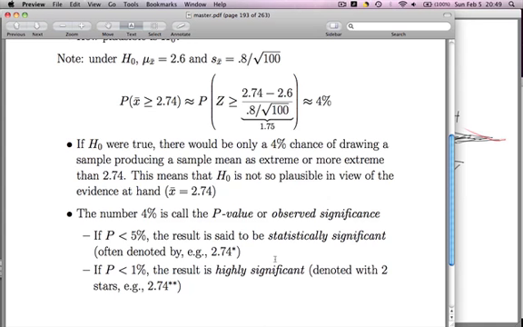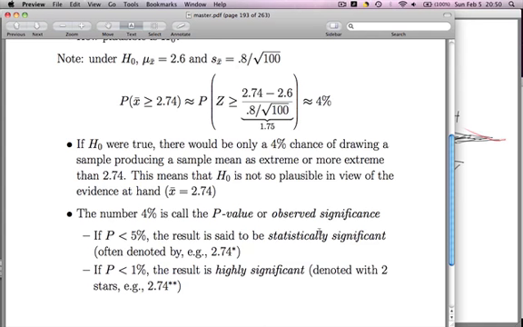Whenever p is less than 5%, we say that the result is statistically significant. Some software packages, including parts of SPSS, will put a star by the mean, indicating that it's statistically significant. Whenever p is less than 1%, it's said to be highly significant, and then you give it 2 stars. So whenever p is less than 5%, we say it's statistically significant, and we kind of rule out the null hypothesis.